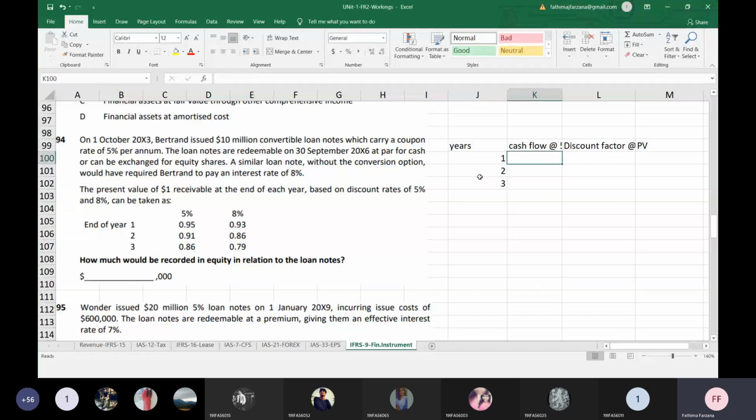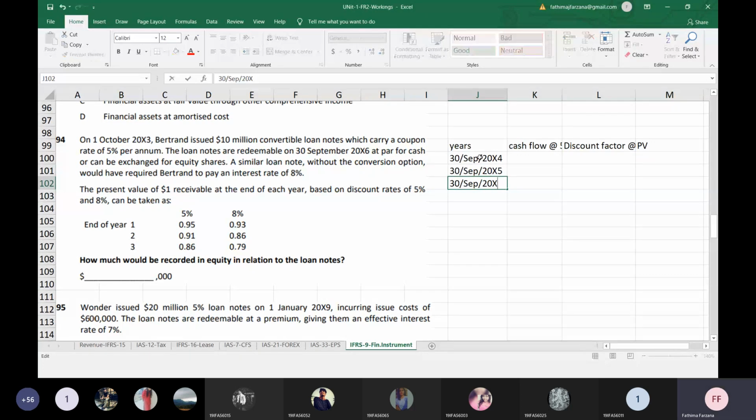So how much is the cash flow? It is 10 million, right? 10 million at 5% you're paying. Instead of year 1, you can write end of year 1 also. End of year 1 is which year? 2004. Then 2005, 2006. Done.